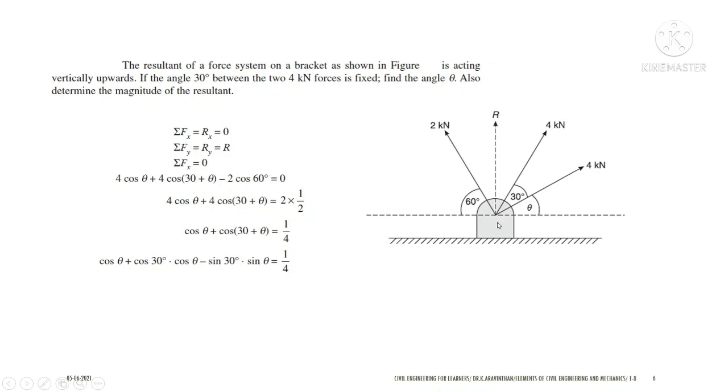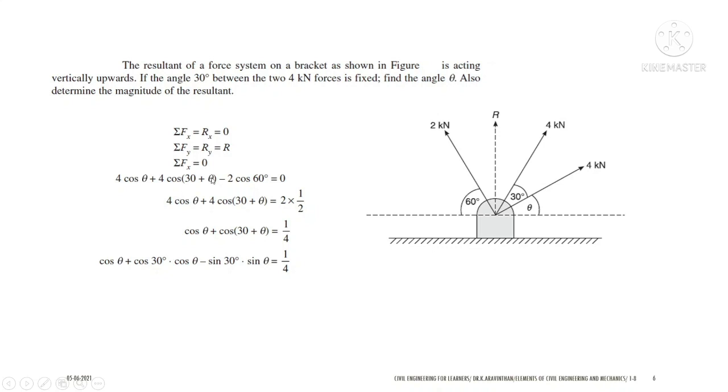When we resolve into the horizontal component, 4 kilonewton into cos theta, which is on the right hand side, is plus, and 4 kilonewton at 30 plus theta, that is plus 4 into cos of 30 plus theta, and you have the 2 kilonewton force which is acting on the left hand side, and 2 kilonewton into cos 60 will be minus. So 2 cos 60 equal to 0.